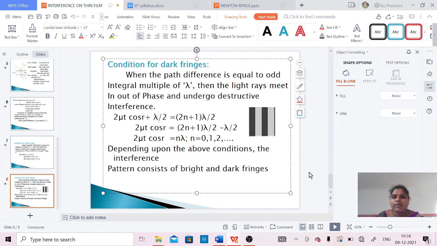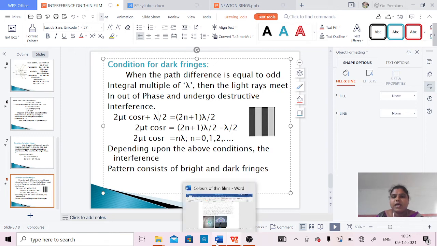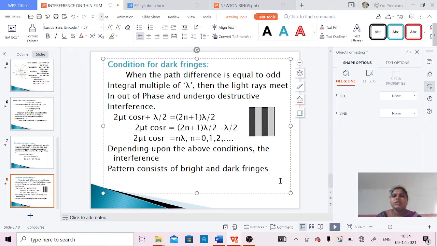Next we are discussing the colors in thin films. This concerns a film that is illuminated with white light. In white light we have the 7 colors, which we are very well aware of.